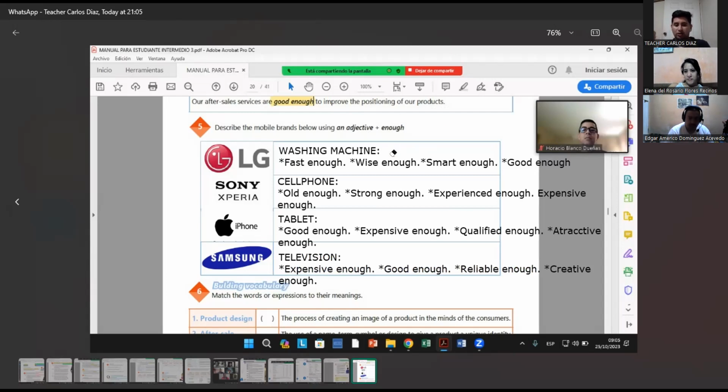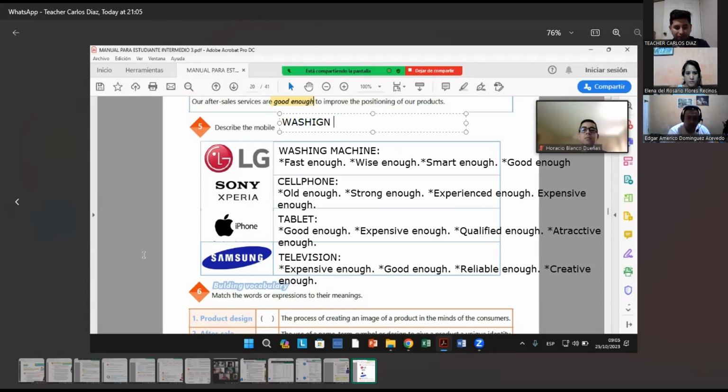Also, wise and smart are similar. Remember that wise is only used for people, and smart can be used for people and for things. Okay. What about the cell phone, Elena?